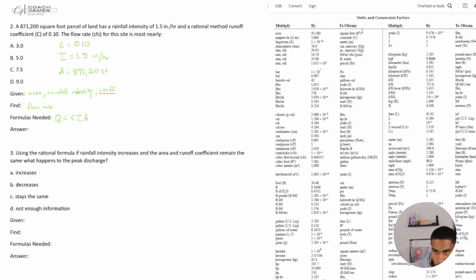We can. From looking at this handbook, I know that 1 acre is going to be 43,560 square feet. So we can do a unit conversion, right?